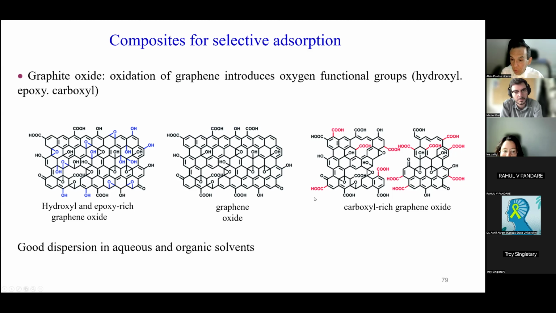And if you induce the deprotonation, you obtain graphene oxide, which is negatively charged. In this case, you obtain graphene oxide, which can be dispersed in water or organic solvent with a good stability.